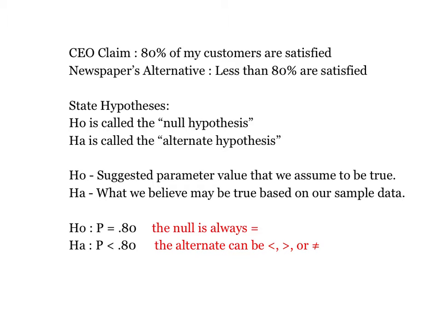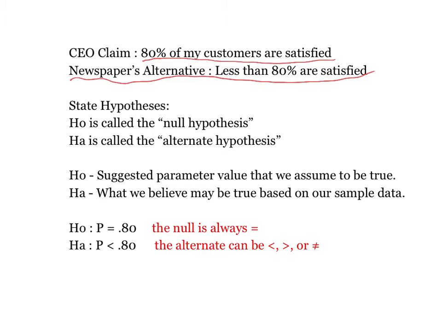So in all of these problems, there's going to be a claim. The CEO makes a claim, 80% are satisfied. Then there's going to be another claim, or someone's going to suggest an alternate reality, okay? And the newspaper said, I think it's less than 80% that are satisfied. So it's kind of like a fight, who's right, okay?